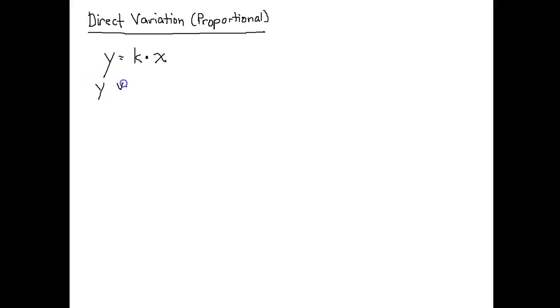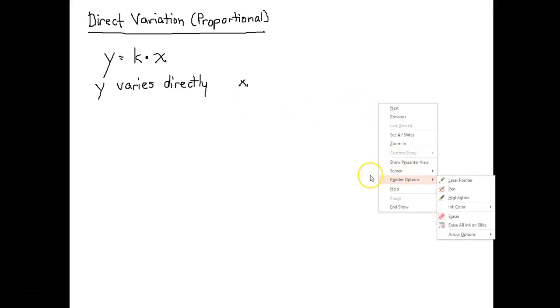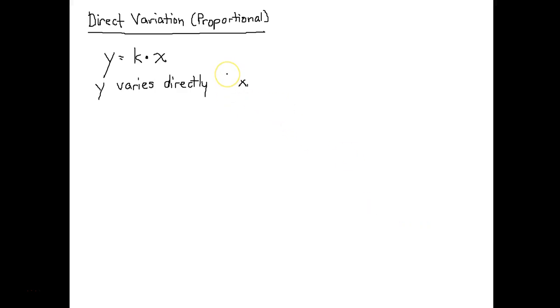Y varies directly as x, or y is proportional to x. Okay, I need the eraser. So y varies directly as x, and you could also say y is proportional to x, and it'll mean the same thing.